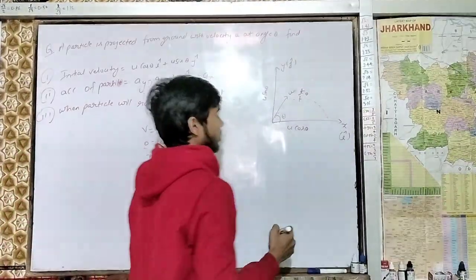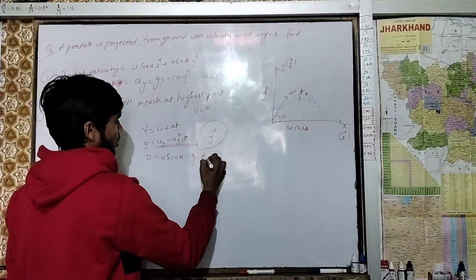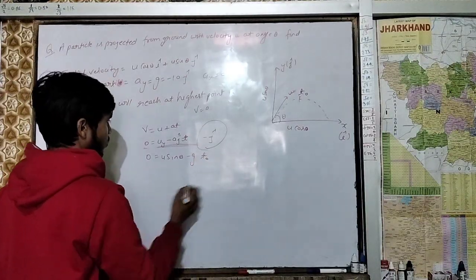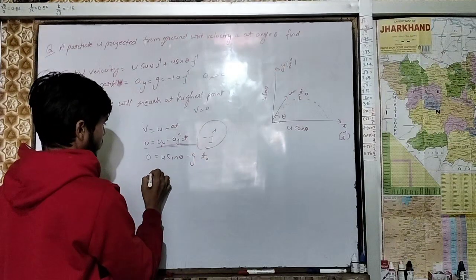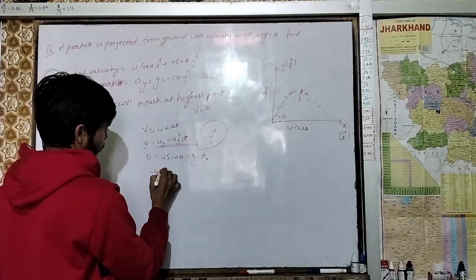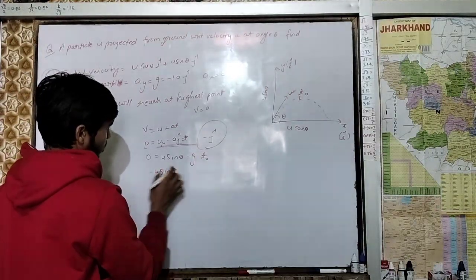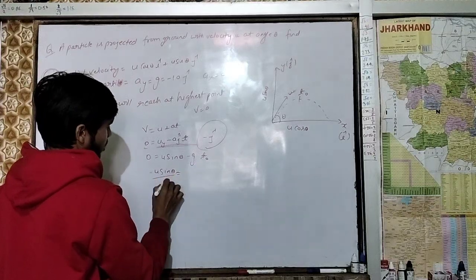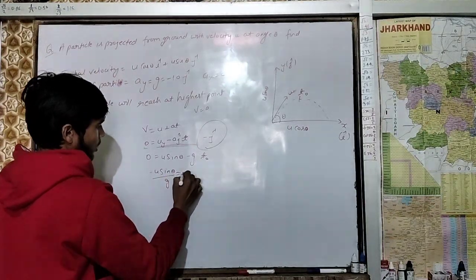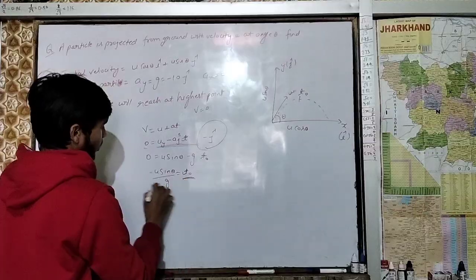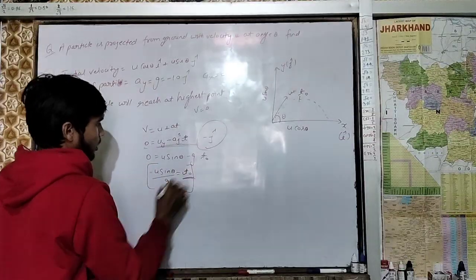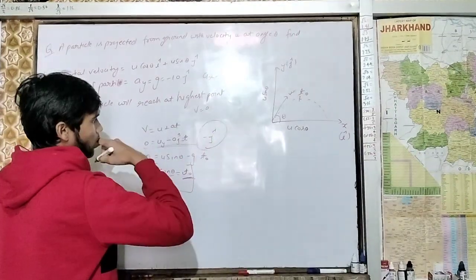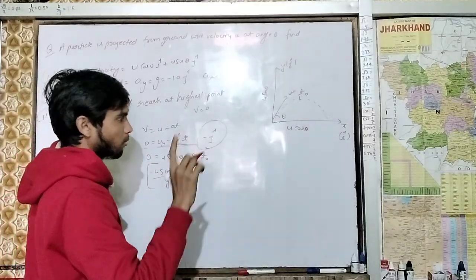So from here, minus u sin theta is equal to minus g t naught. To calculate t naught, we can use this equation, which came from the first equation of motion.